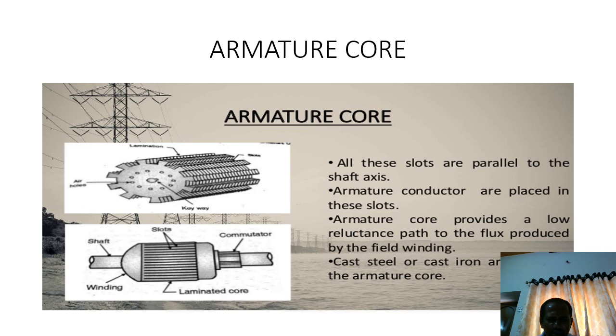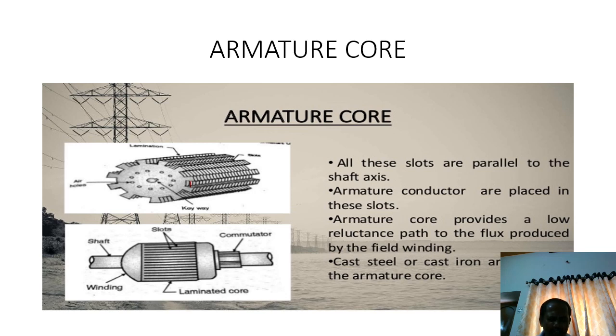The conductors are placed in the slots and it is completely laminated. Why are the conductors placed inside the slots and why is it laminated? To reduce the eddy current loss, we are laminating the armature core. So here we are going to discuss in detail what the armature core is.